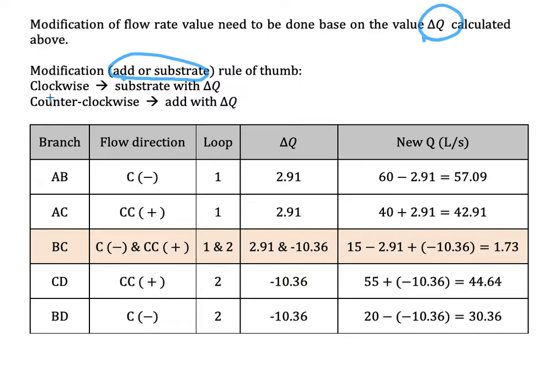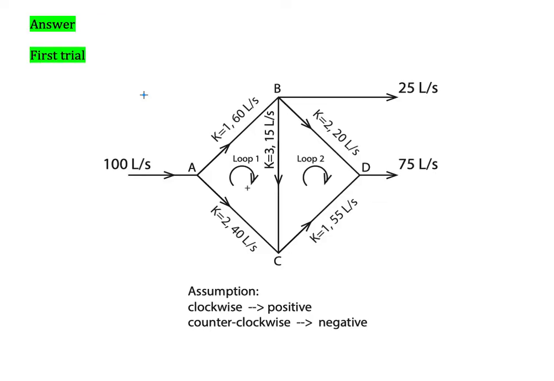If it is clockwise, you need to subtract delta Q. If the rotation or the flow is counterclockwise, you need to add delta Q. If you see the determination here, clockwise is positive. That's why after you get delta Q, you need to reverse the process. So if we get clockwise, we need to subtract the value.